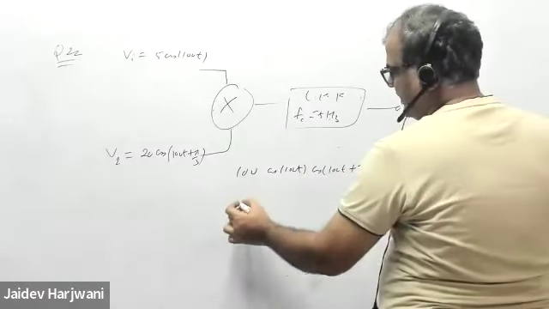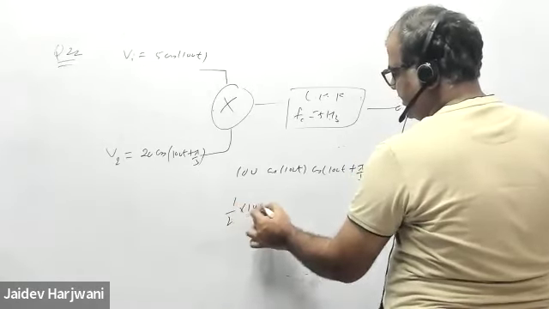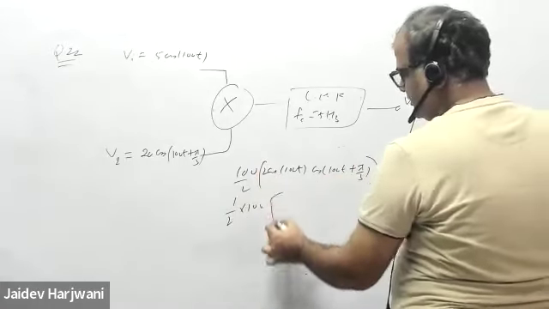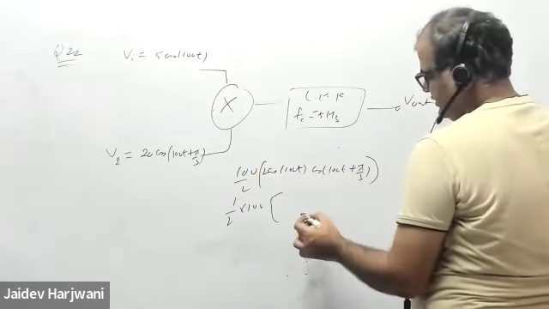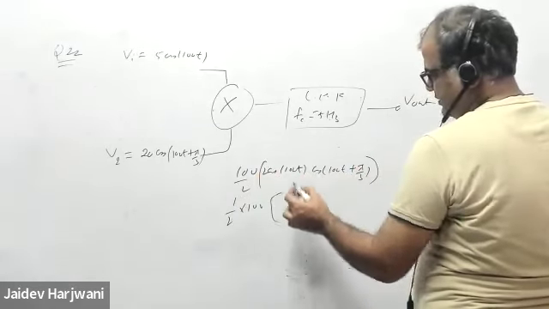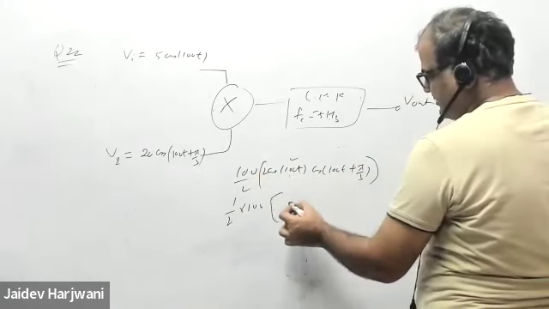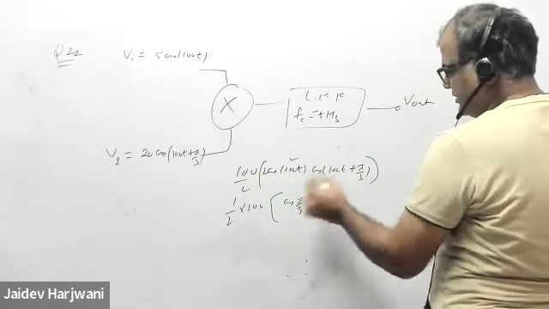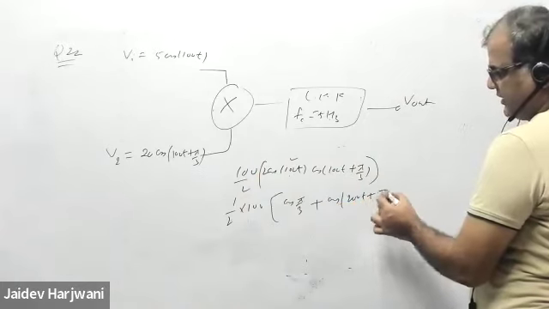Okay, again multiply by 2 and divide by 2. So this becomes 1 by 200 and 2 if you take here. So this becomes cos(a minus b), 100t, this one. So cos minus pi by 3 is cos pi by 3, plus cos(a plus b), cos of 200t plus pi by 3.